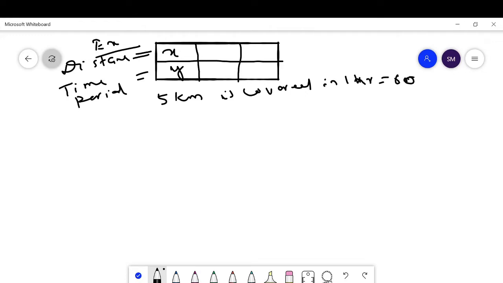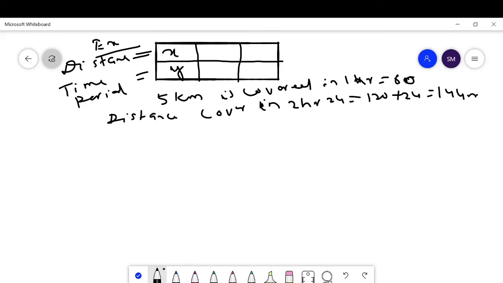In 60 minutes is 5 km, then we have to find the distance covered in 2 hours 24 minutes. 2 hours 24 minutes means 120 plus 24, that is 144 minutes.